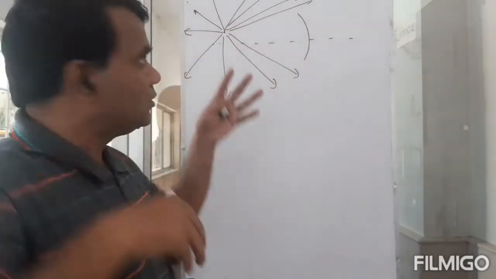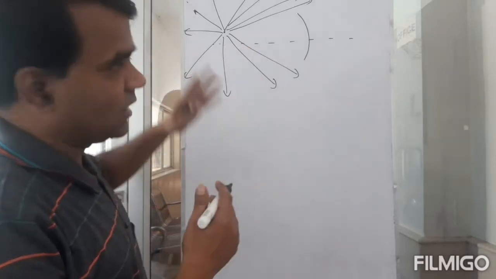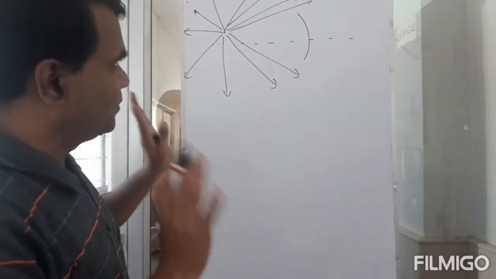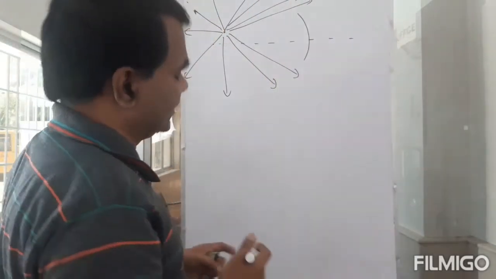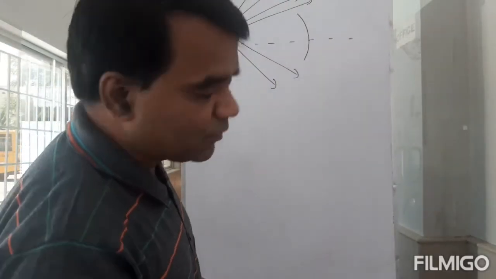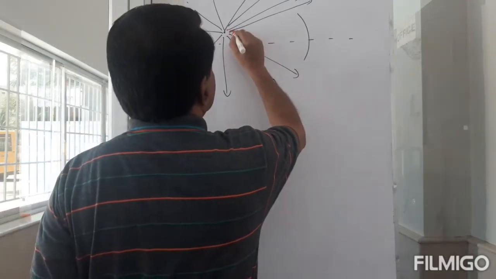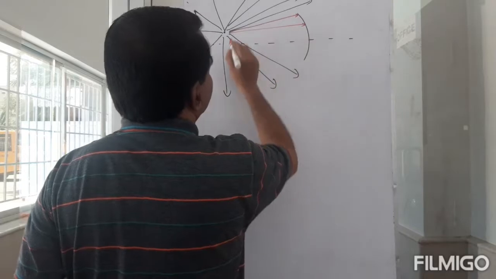Light cannot go on the other side, because you have blocked those rays. But light is traveling in all different directions, and some of these rays travel and hit the mirror.